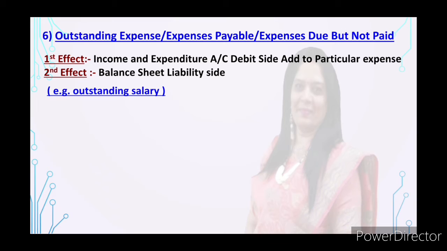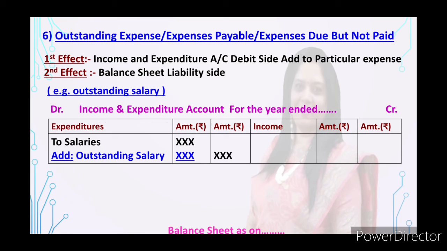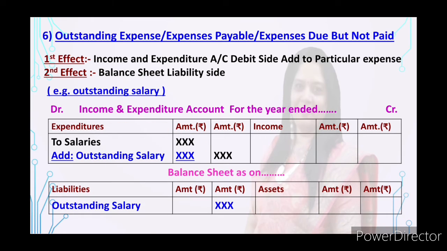For example, outstanding salary. Salary is outstanding, and as you know salary is an expense. So the first effect you can see in income and expenditure account debit side, that is the expenditure side, to salaries, in that you have to add outstanding salary. Second effect in balance sheet liability side, you have to record outstanding salary.